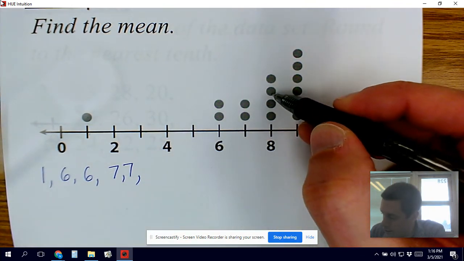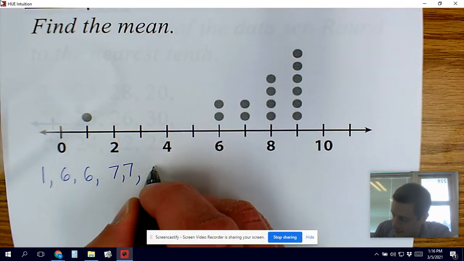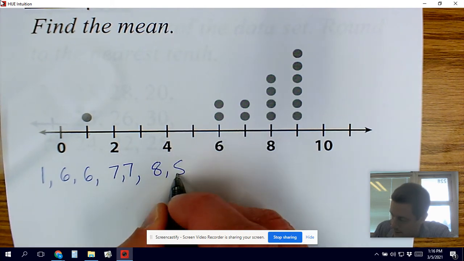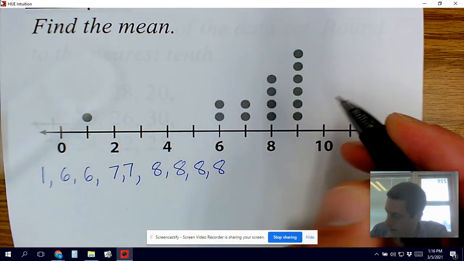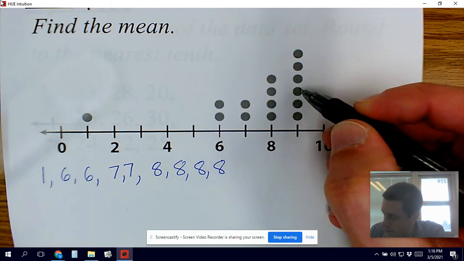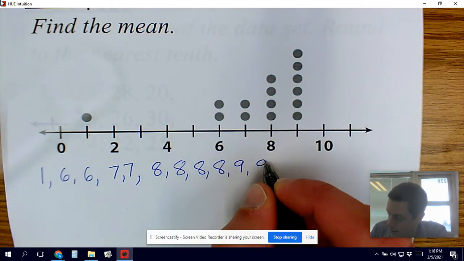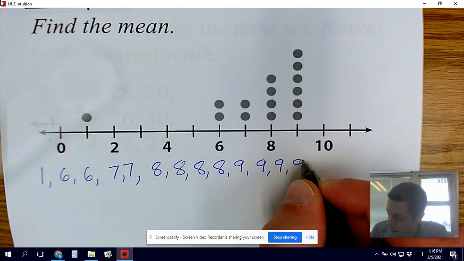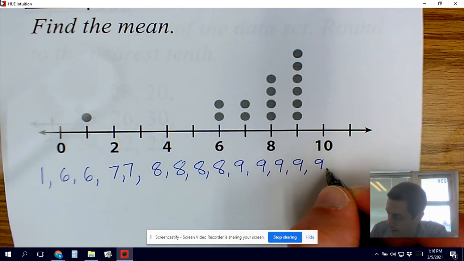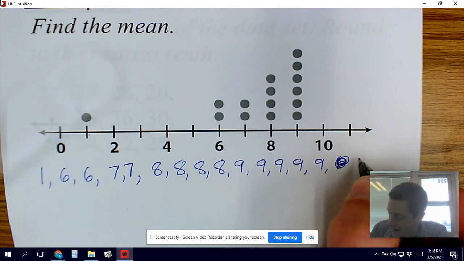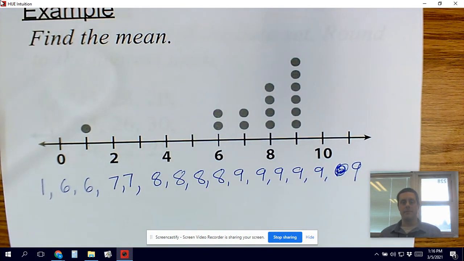And then I have 1, 2, 3, 4 8s. And then 9, there are 1, 2, 3, 4, 5, 6 9s.